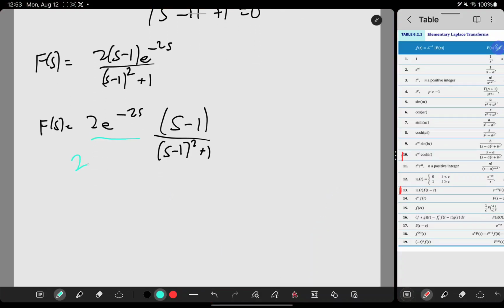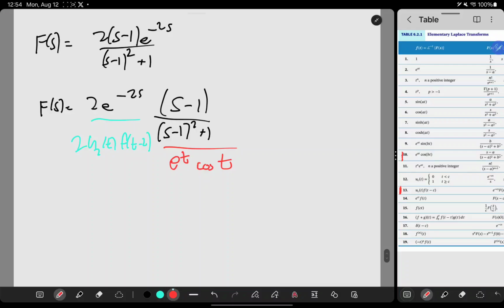This would be 2, c is 2 again, so u2 of t times f of t minus 2. This one would be, our a is 1, and our b would be 1. So it's e to the t cosine of t.